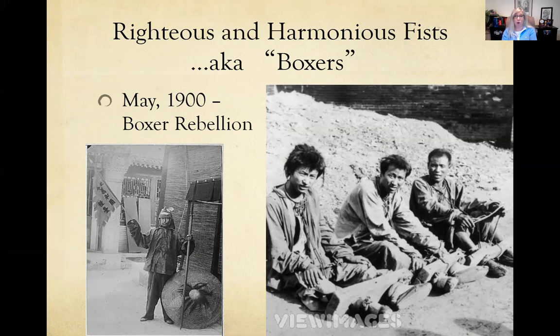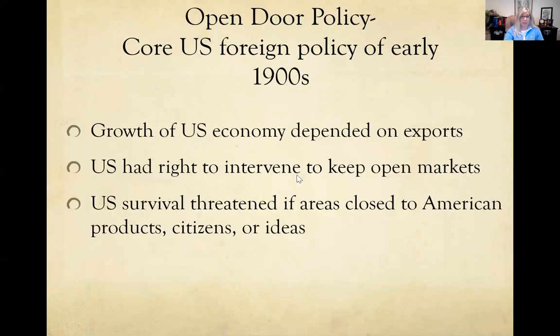This is kind of a cultural war within China to try to force out these European influences. Numerous missionaries are killed in the process of the Boxer Rebellion that takes place in 1900. The official name of the Boxers was the Righteous and Harmonious Fist. What they're trying to do is preserve traditional Chinese culture from outside influences.